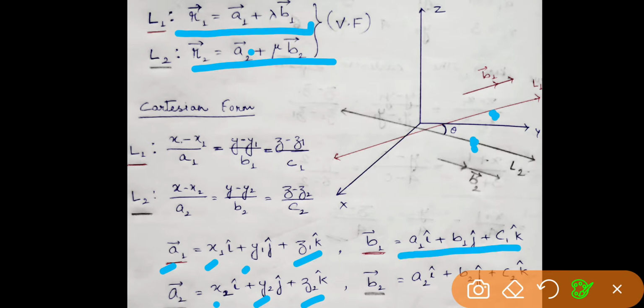So how have I written b1 and b2? b1 is a1 i cap plus b1 j cap plus c1 k cap. I have assumed it.